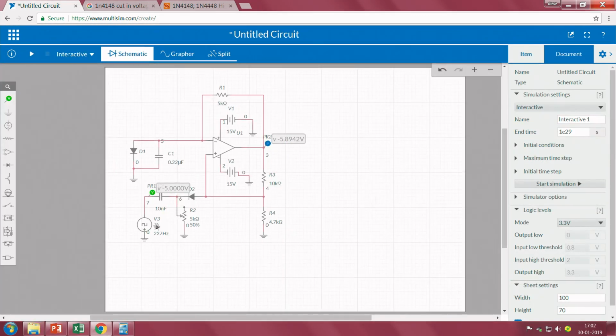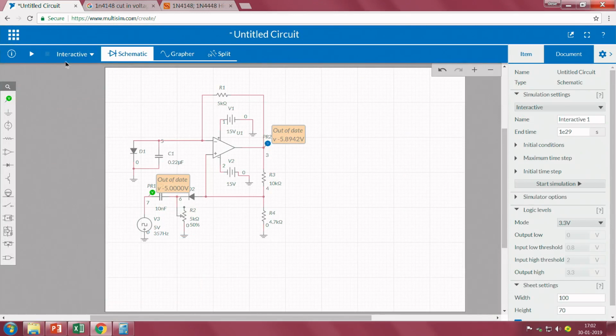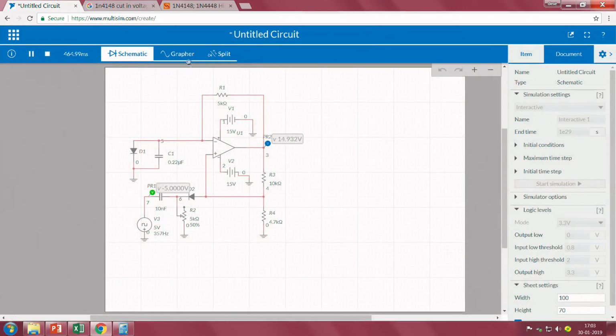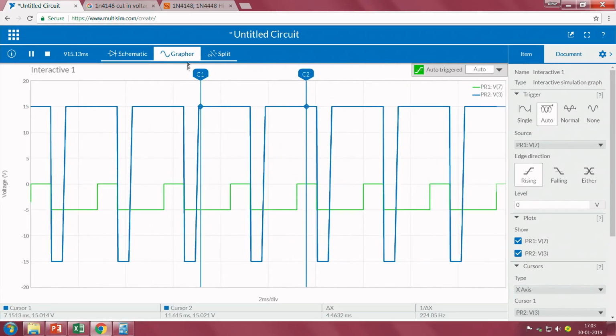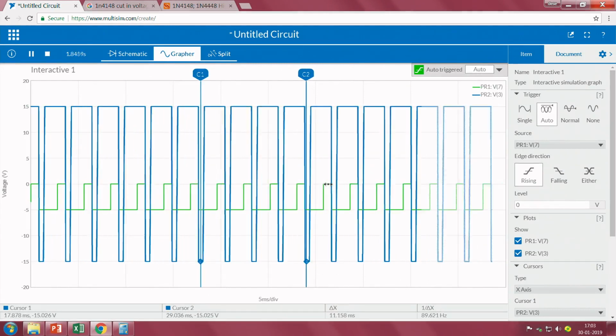Then we will see another value, which is 357. I will change it to 357 and run. Even in this case, all the signals are there, no missing of any pulse. Then I will go with 515.